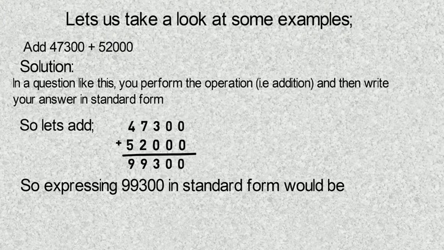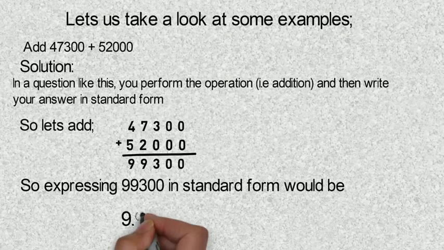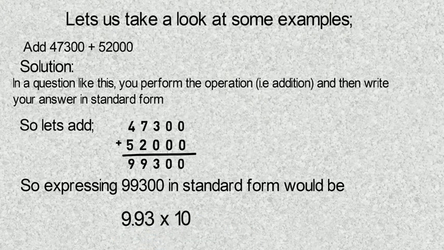So moving our decimal point from that point to the front of 9, we'll be moving it 4 places. And like I said, if you are moving from right to left, your integer will be positive. So our power here will be positive. So the answer will give 9.93 times 10 raised to power 4.